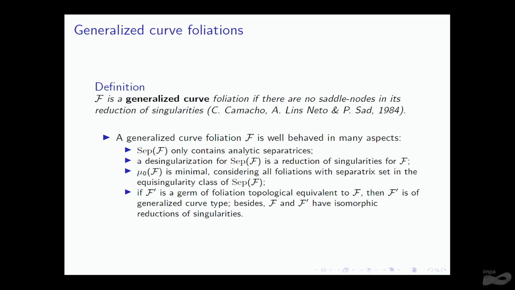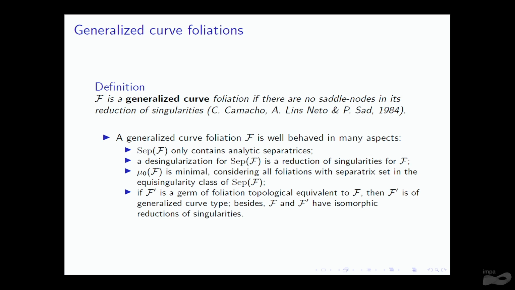Generalized curve foliations are very well behaved. People in the theory of foliations love these foliations for many reasons. The separatrix set only contains analytic separatrices. There are no formal separatrices. The desingularization of the separatrix set is a reduction of singularities for the foliation. The Milnor number is minimal considering all foliations with a separatrix set in the same equisingularity class as the separatrix set of the foliation.